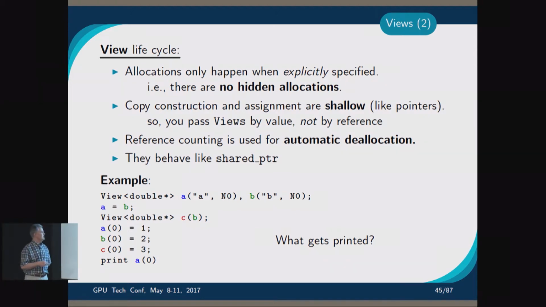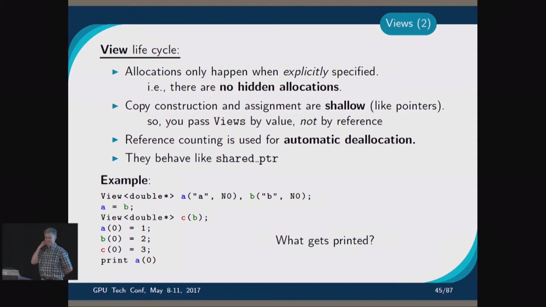Then we have another view which gets constructed, C, but this is now a copy construction of B. Then we go through and assign things. Just to give a hint: aliasing. So we set the 0th element of A, the 0th element of B, the 0th element of C, and we say print A.